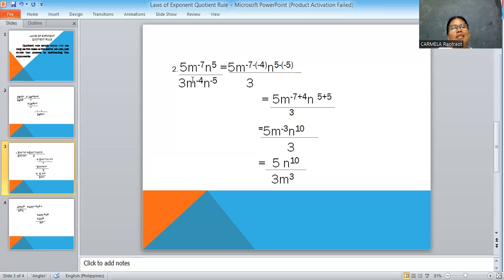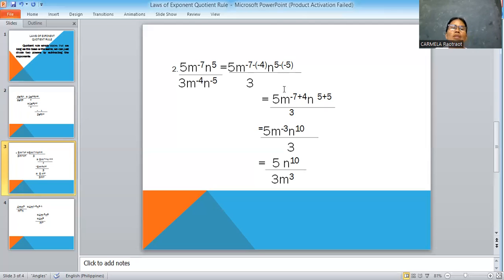How about the m in the numerator and the m in the denominator? Same with the n. Again, if division, we're going to subtract the exponent of the denominator: m raised to the power of negative 7 minus negative 4, n raised to the power of 5 minus negative 5.